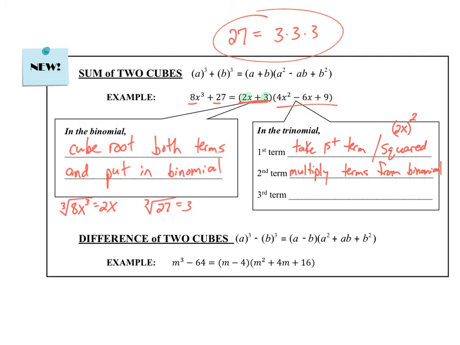So the terms in the binomial are 2x and 3. 2x times 3 is 6x. And the last term is: take the second term from the binomial, and you square it. So in this case, it would be 3 squared. Okay?